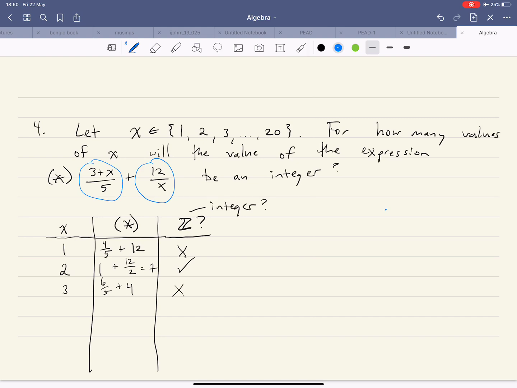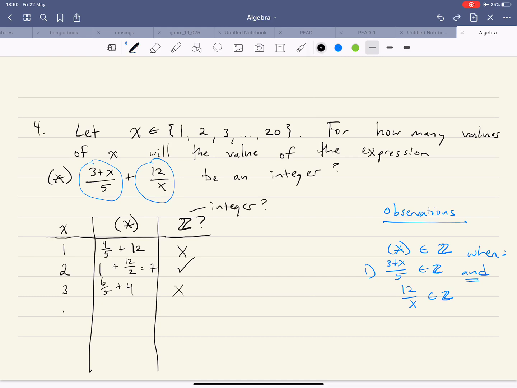So star is an integer when that expression on the left, the (3 plus x)/5, is an integer, and 12 over x is also an integer. Okay, let's keep going.